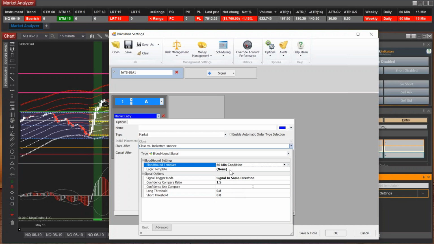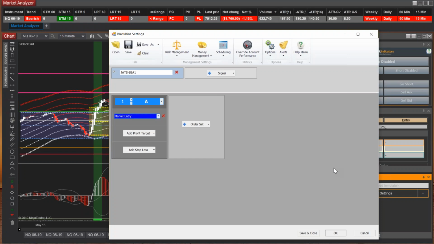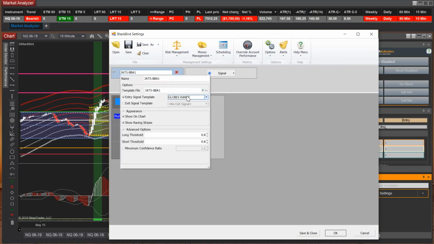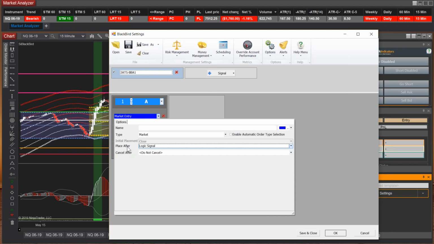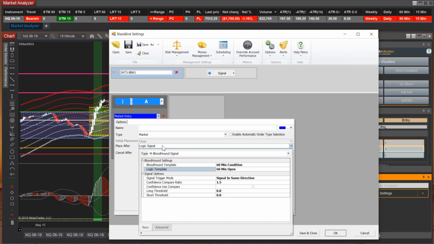And so that would mean that these signals up here now, where you normally would get an execution, will be delayed and placed after the logic signal from your second BloodHound signal condition is present.